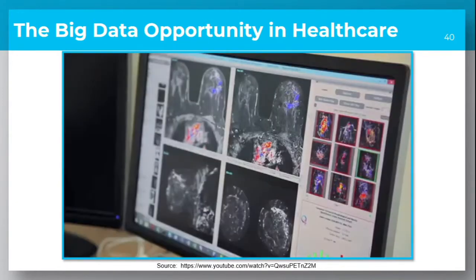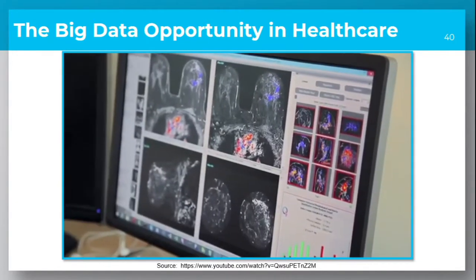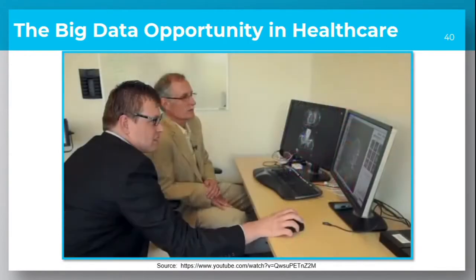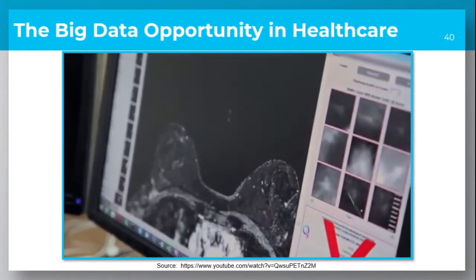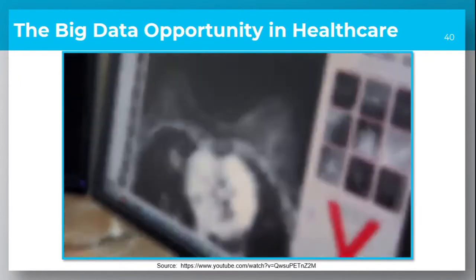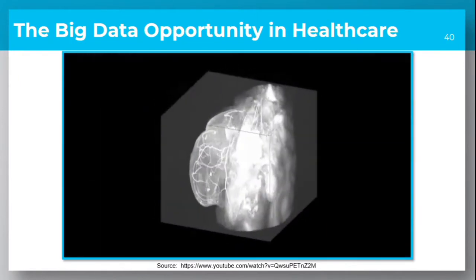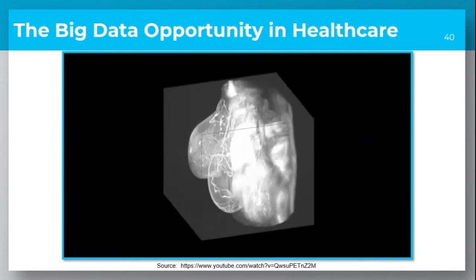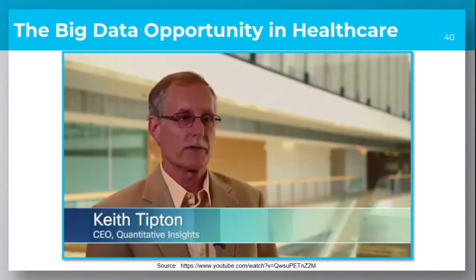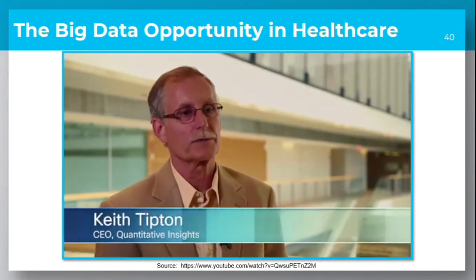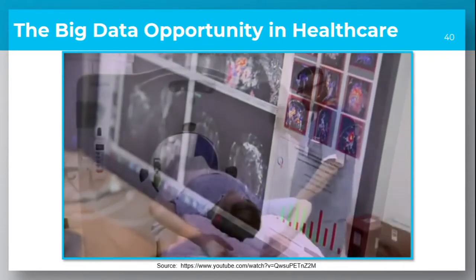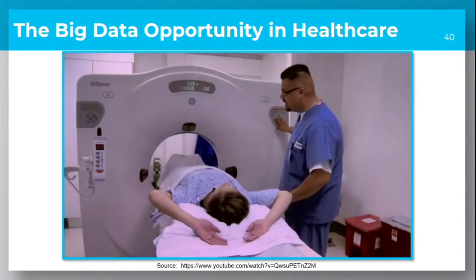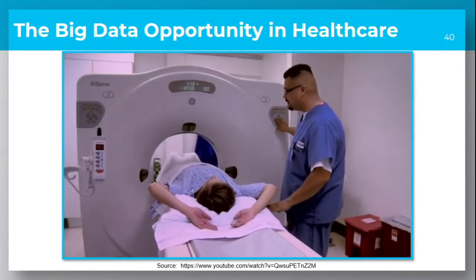Quantitative Insights. We have a computer-based tool that assists radiologists in making better detection and diagnostic decisions regarding breast cancer. And the product is based on technology that was developed here at the University of Chicago, and we're now bringing that product to the commercial marketplace. Our purpose is to bring that data together in a meaningful way so that clinicians can actually use it for their patients.